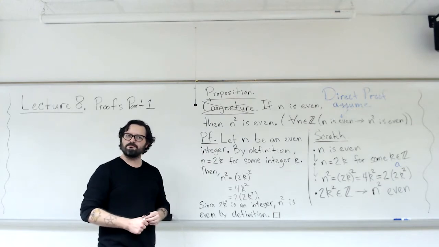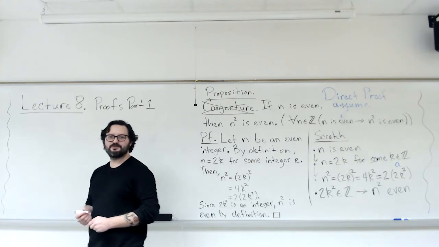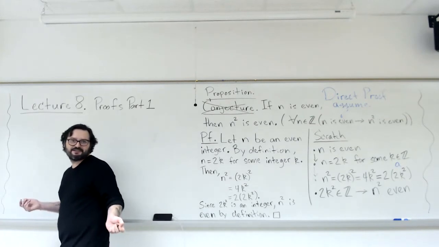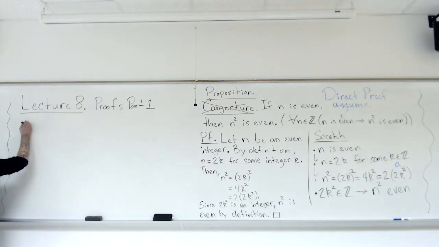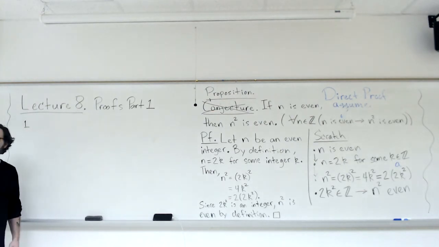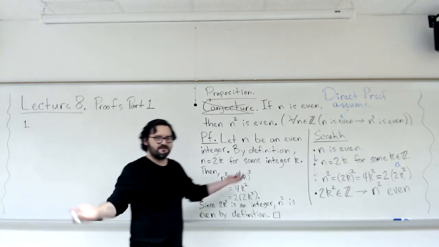Is the square of it odd? Most likely. We should probably do a few examples to check. So 1 is odd. Why is 1 odd, by the way? What's k for 1? 0, right? It's equal to 2 times 0 plus 1. That's fine with me. It's odd.